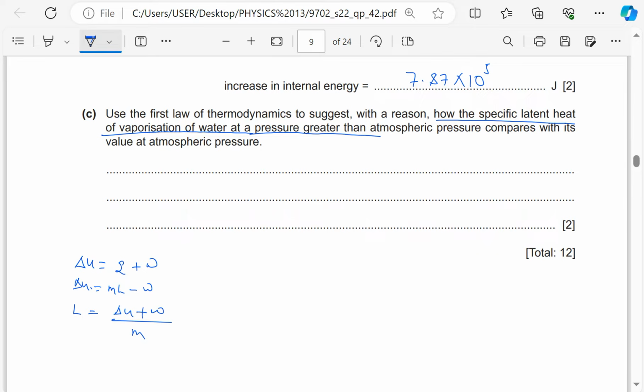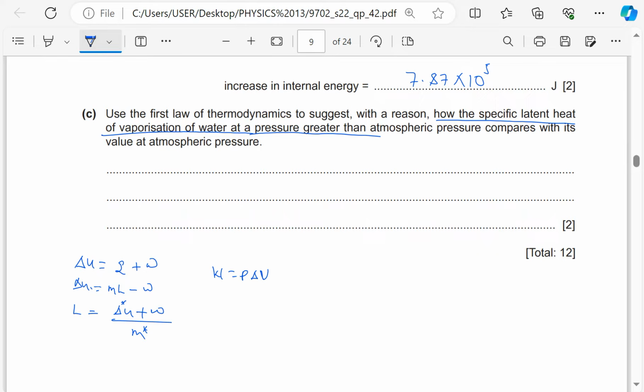If we say the change in internal energy is going to be constant because the temperature is constant during vaporization, and the mass is the same, since the same water vaporizes, then it is only W which is going to affect. W is equal to pressure times change in volume.